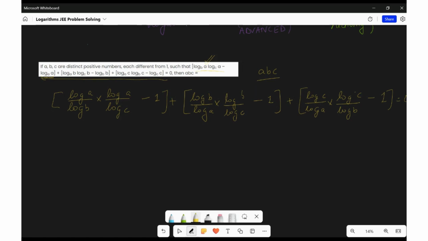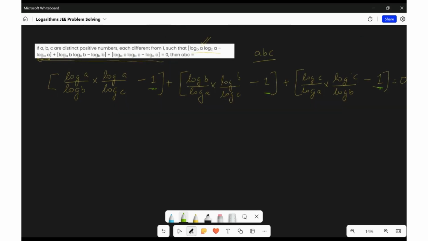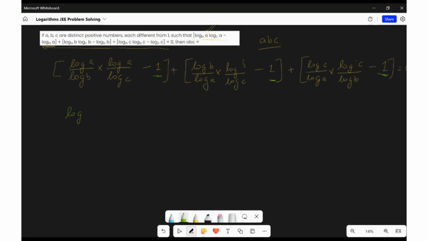Now what we'll do is we'll just add these three numbers, minus 1, so that's minus 3, and let's take minus 3 to the right side. So we get log a whole square by log b into log c, plus log b whole square by log a into log c, plus log c whole square by log a into log b is equal to 3.